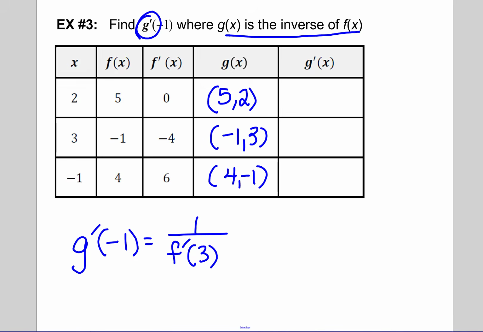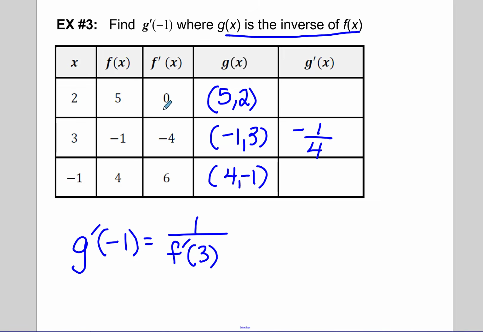We want to find the derivative at -1 on the g graph. So -1 is the y value here, and the y value on f is the x value on g. So we know the slope is -4 on the derivative of f. So the derivative of g would be the reciprocal, -1/4.